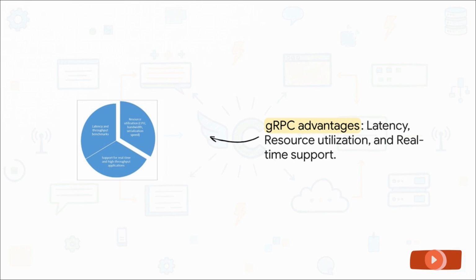Second, resource utilization. Parsing binary data is vastly easier for a computer than parsing text, meaning gRPC can be deserialized using 50 to 80% less CPU usage. And let's be real, that translates directly to lower cloud hosting bills. And third, support for real-time applications, which are natively handled by those bidirectional streaming patterns we were just talking about.